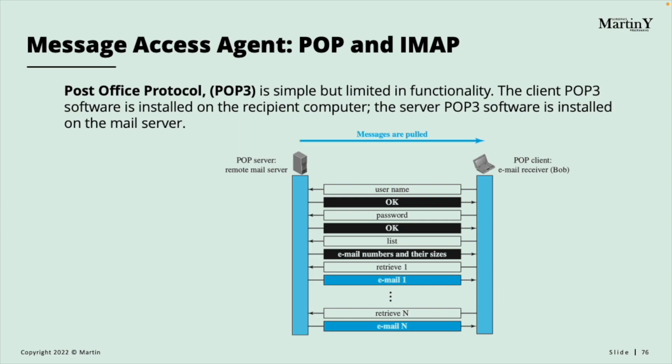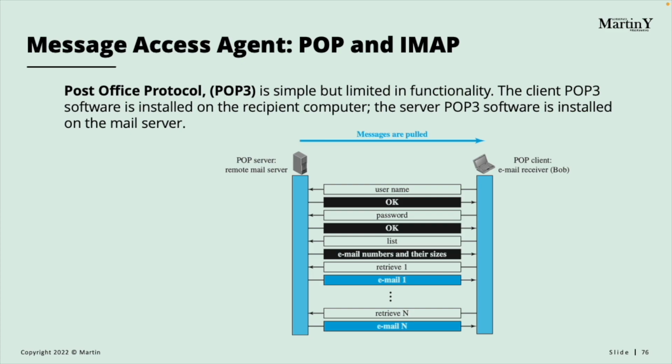Okay. Now, as I said, on the message access agent, we're using the POP and IMAP protocols. First I'm going to talk about the POP protocol, which is more simple. When the mail service was first built, the POP protocol was the first protocol used.